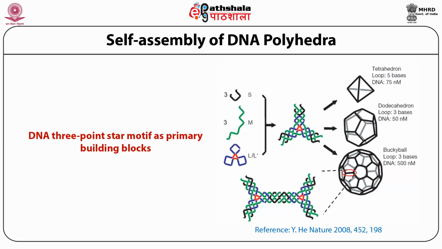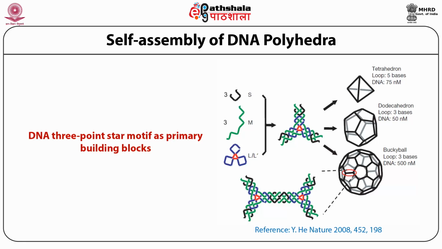At a much lower concentration you can form a tetrahedron, but when 20 such 3-point star tiles come together, you can form something like a dodecahedron. The concentration regime is different, but at very high concentration you can form this buckyball-like structure.